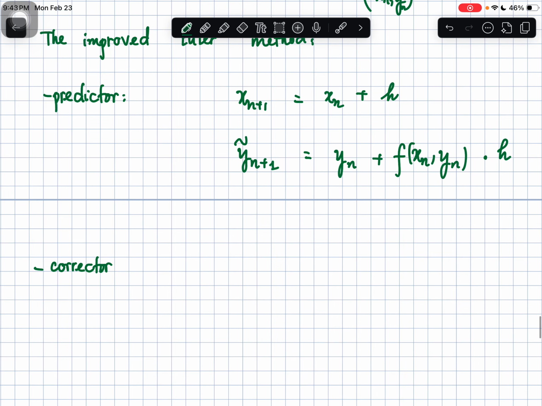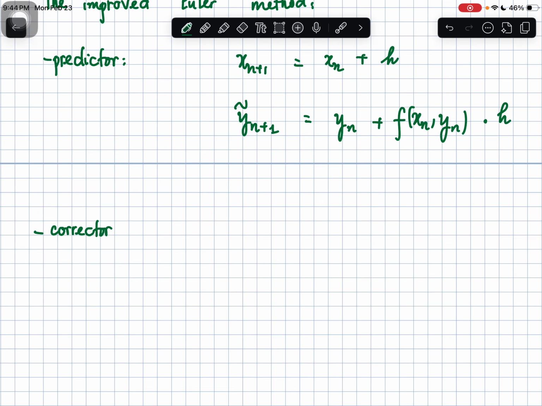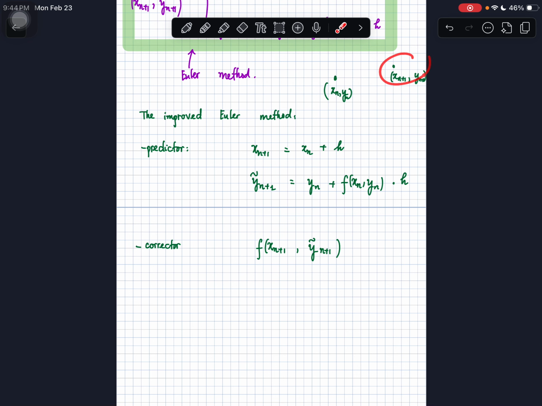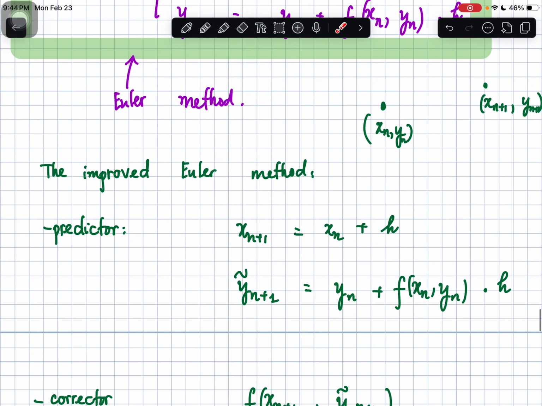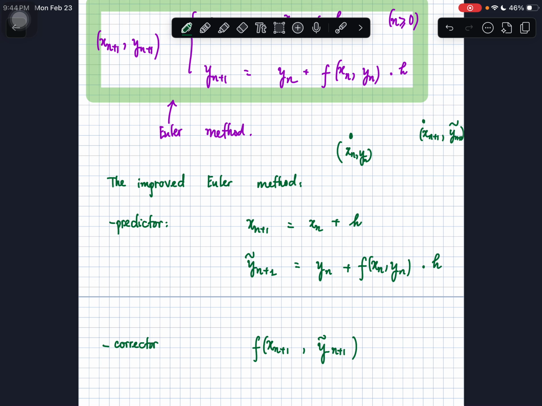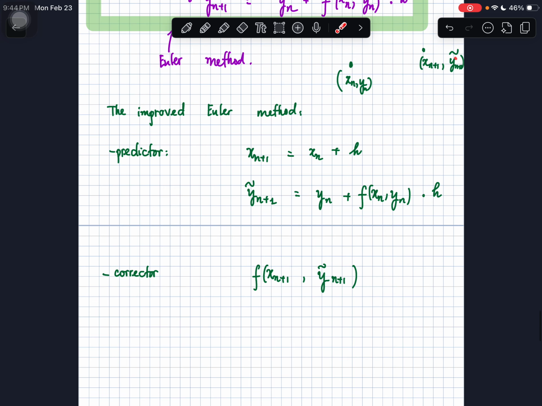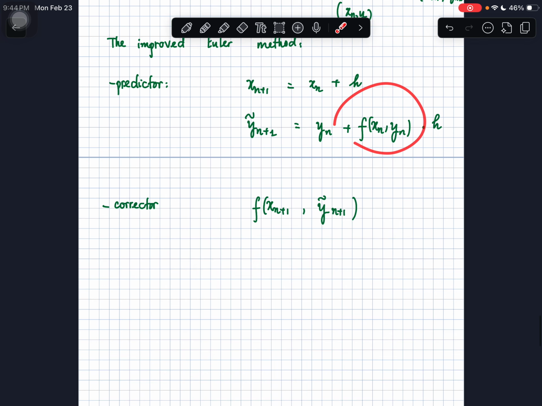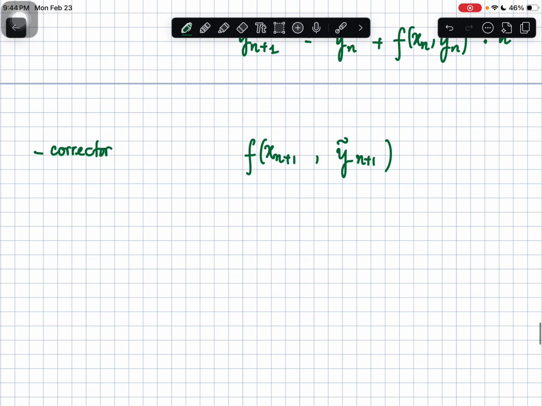Now we compute the slope at (x(n+1), y tilde (n+1)). So this is the slope on the other end here. And then I want to take this slope, with the other slope, and compute the average of the two.